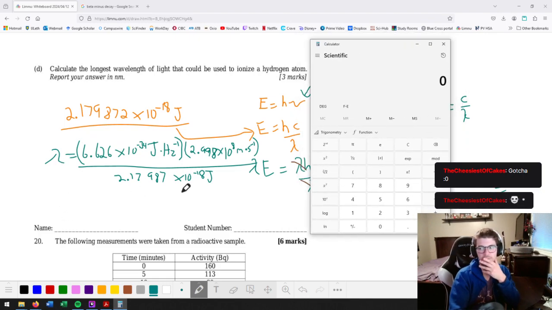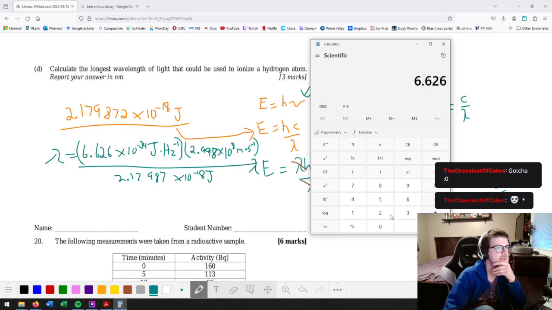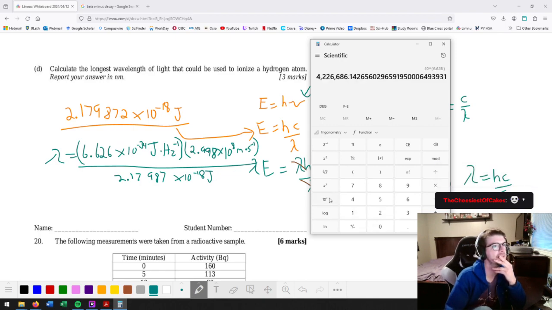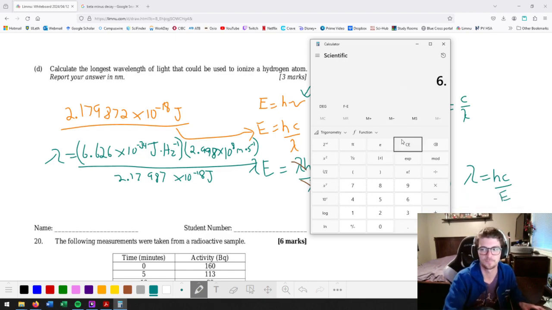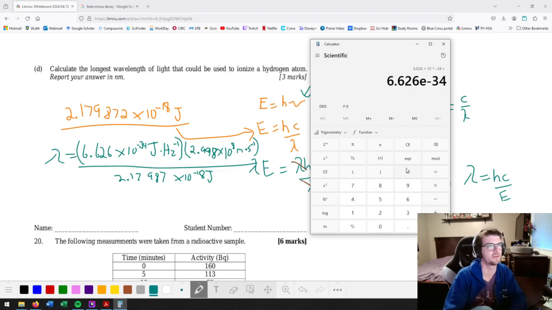So it's going to be 6.6 times 10 to the negative 34.